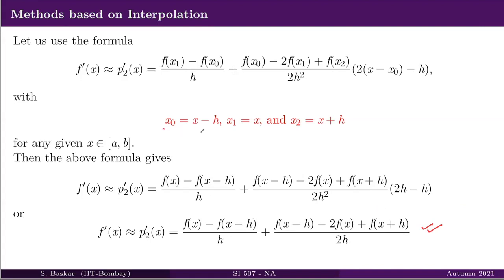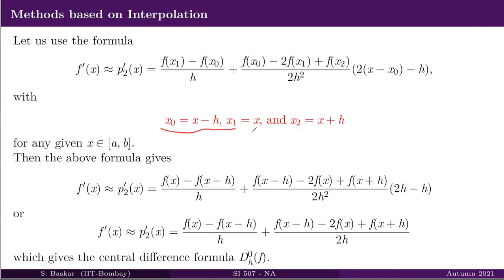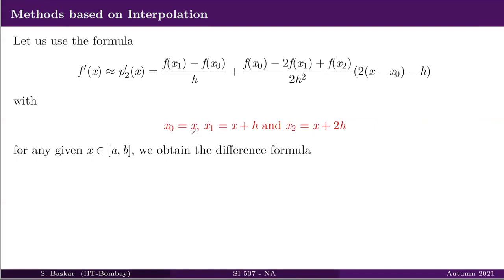Why only this choice? We can now go for many choices of x0, x1 and x2, and each one will give rise to a finite difference formula for f dash. Since the nodes are chosen in this symmetric way, this formula is called the central difference formula. Now let us use the nodes x0 equal to x. That is the point where we want to find the derivative of the function f.